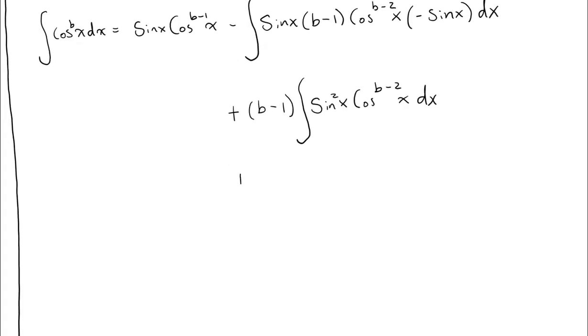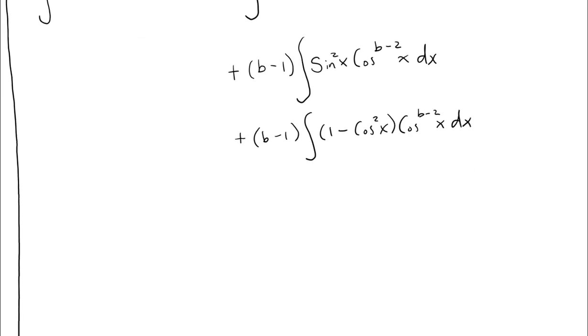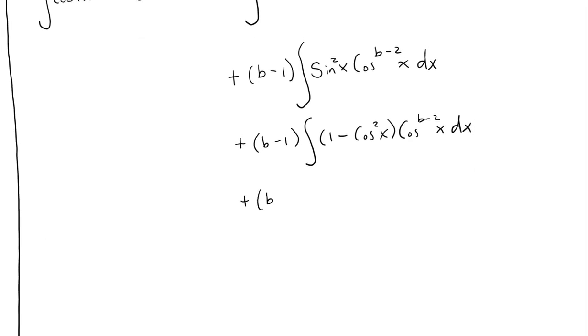Now we can rewrite our sine squared of x to be 1 minus cosine squared of x times cosine to the b minus 2 of x dx, and this is equal to b minus 1, and we're going to separate the integrals here, cosine to the b minus 2 of x dx, and then don't forget the negative, so it'll be a minus b minus 1 times the integral.